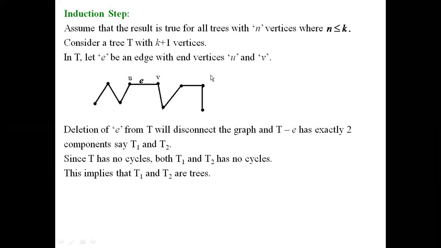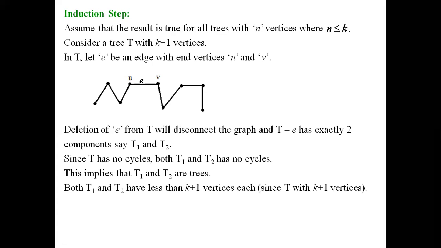We had assumed a tree T with k plus 1 vertices and one of the edges, we named it E, and deletion of this edge will give two components T1 and T2. Since both do not have cycles, T1 and T2 are trees.